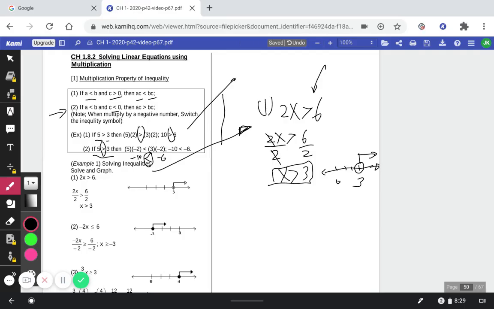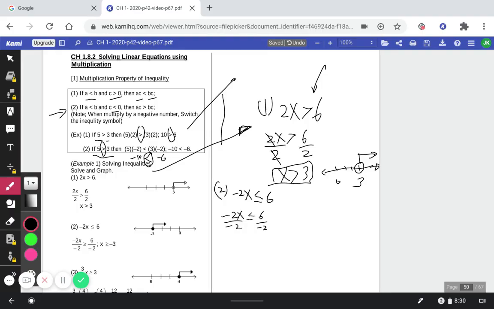Okay. But in number 2, you have negative 2x is less than or equal to 6. Now, to solve for x, you divide both sides by negative 2. But one of the rules we had was that when you divide or multiply by a negative number, the direction of the sign changes.